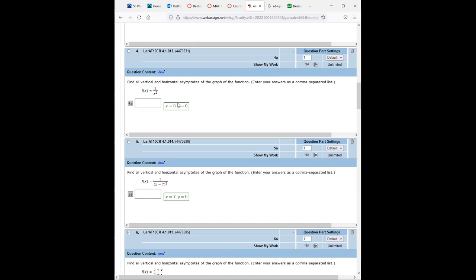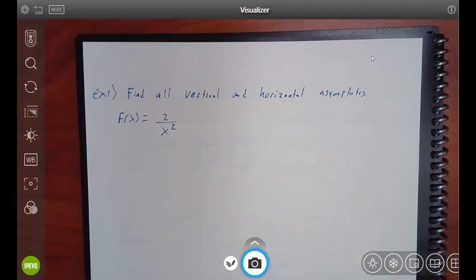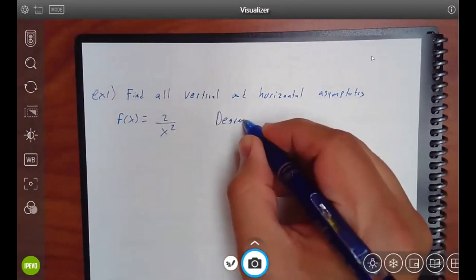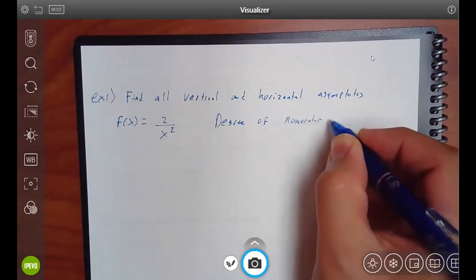Okay, so find vertical and horizontal asymptotes. Just writing it down over here. All right, so what is the degree of the bottom? And the top? 2 and 0.